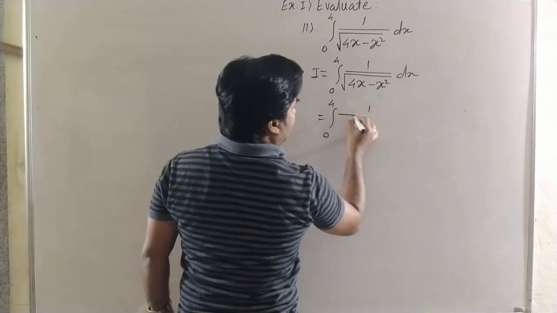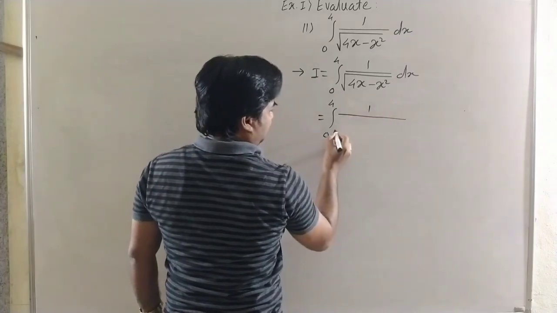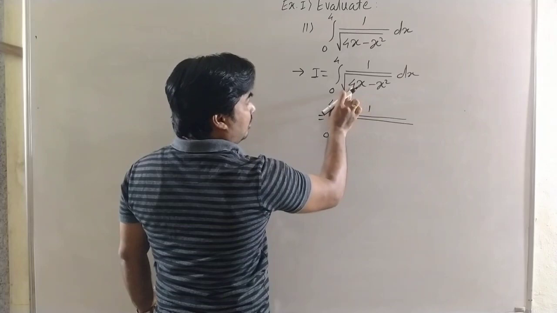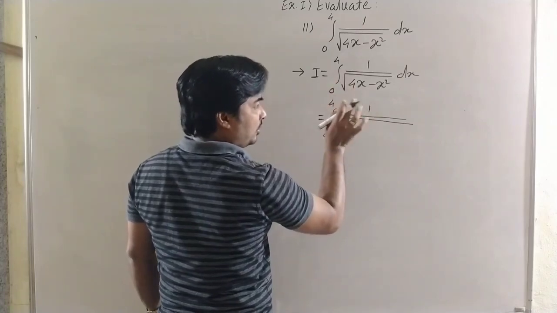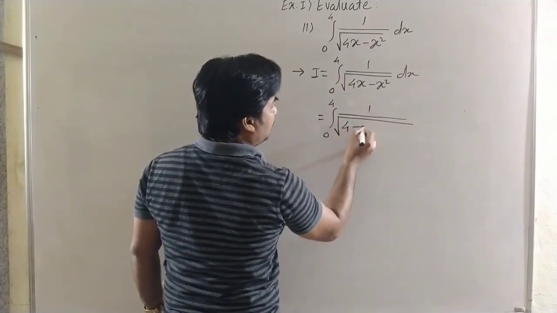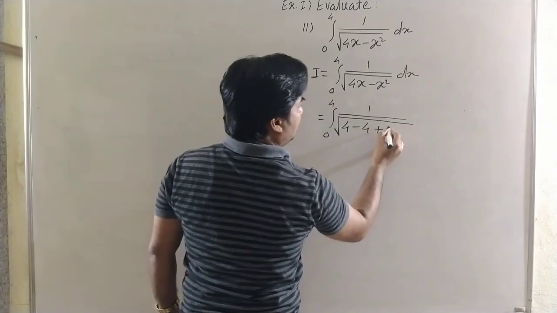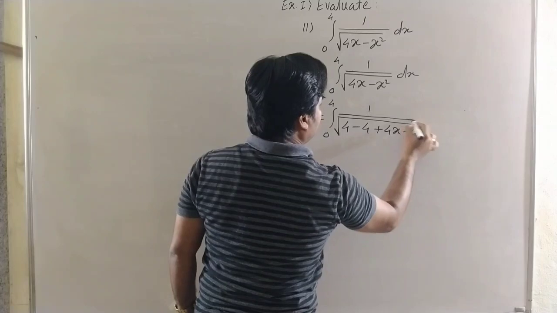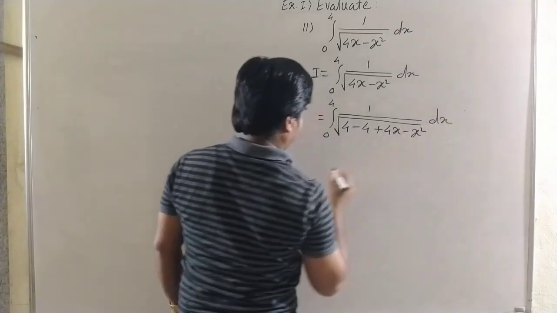Now this is minus x square plus 4x. Here the coefficient of x is 4, half of 4 is 2. So we can write it as plus 4 minus 4, then plus 4x minus x square dx.